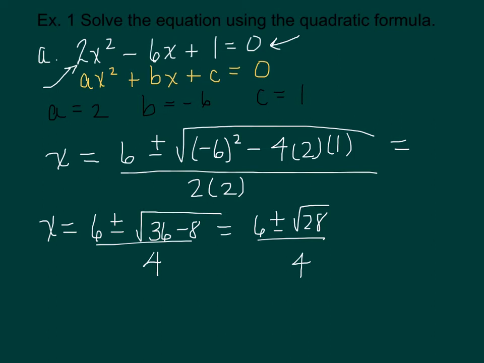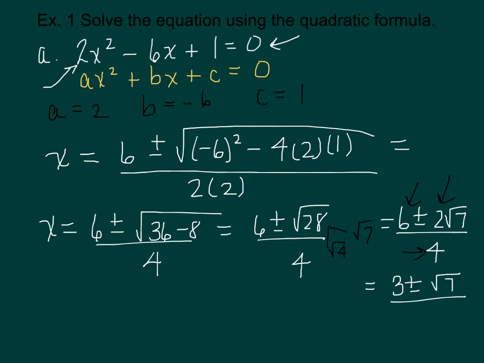And then if you can, you want to break down 28, which will be the square root of 4 times the square root of 7. So that'll leave you with 6 plus or minus 2 square root of 7. And then if you can, you want to find a number that will divide into each of these evenly. And that'll be 2. So I'm going to divide each term by 2. So that'll leave me with 3 plus or minus 1 radical 7 all over 2.